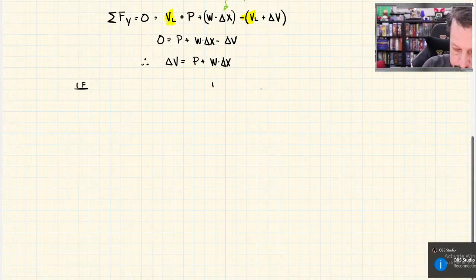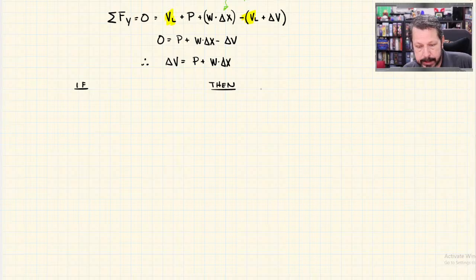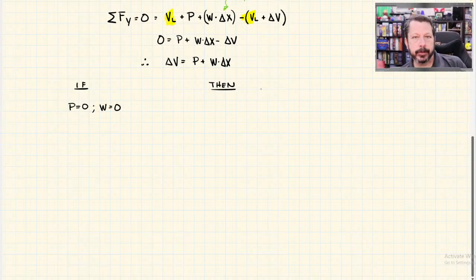Had a little network problem there. If-then. So, if, for instance, let's see, if P and W are both 0, that's an easy one. In other words, there's no point load and there's no distributed load.